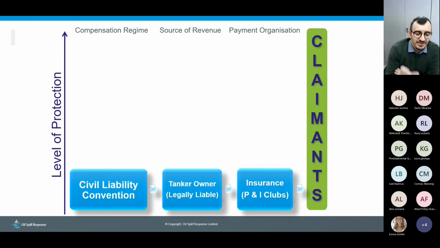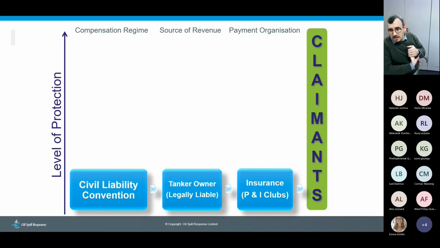There's a bit more detail and science behind what is persistent and what is non-persistent. But for today's purposes, think about it in terms of it's going to persist in the environment for an extended period of time if we don't do something to support the cleanup activities here.